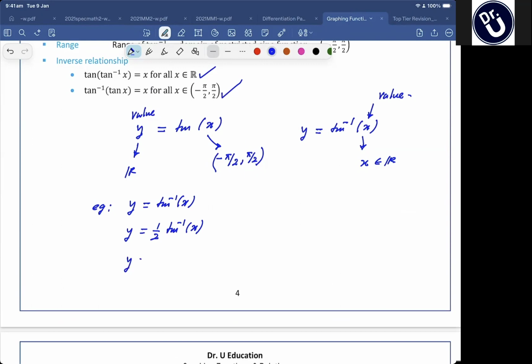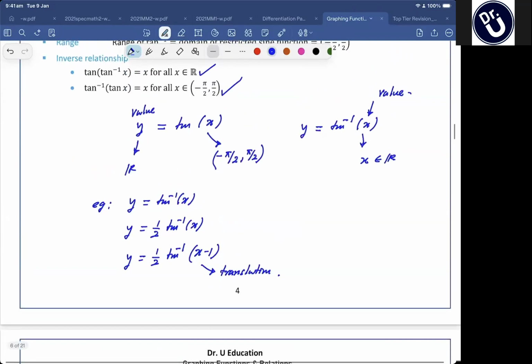With that, if you have half tan inverse x minus 1, is there any difference? Inside, is there any issue with it, right? That we need to discuss, any translation and all those things. So simply this is translation, right? So now how do you think? We will understand in the future. That's the whole point of this lesson.